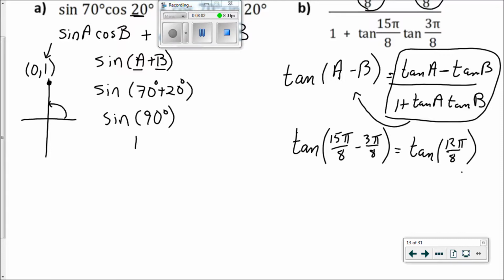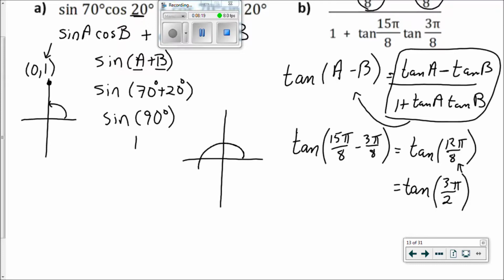And if I reduce this fraction, that's the same as tan of 3 pi over 2. So again, I want to look at my unit circle and think about where 3 pi over 2 is. Well, that's here, and the coordinates of that point are 0, -1.